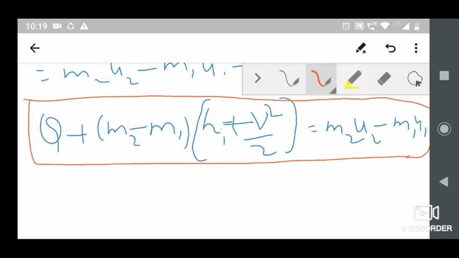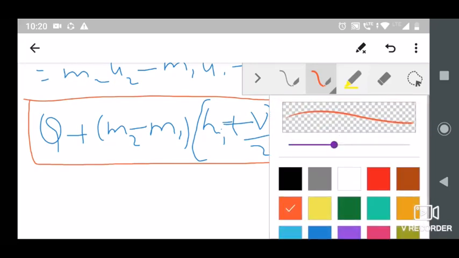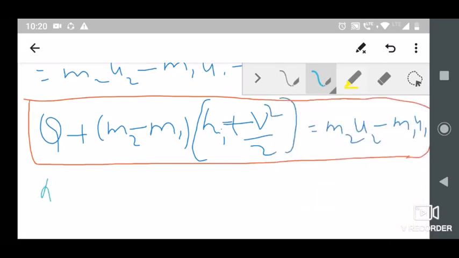So now let us apply this to various special cases. The first case we assume to be an adiabatic flow, where Q is equal to 0.